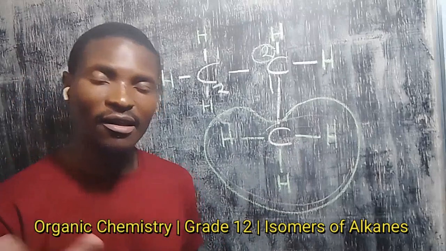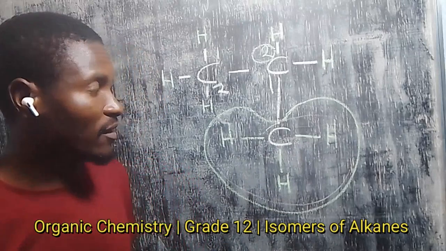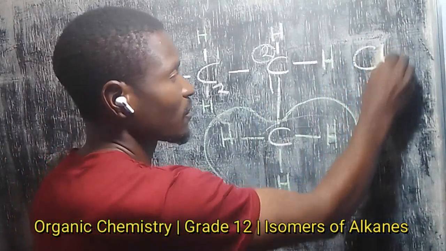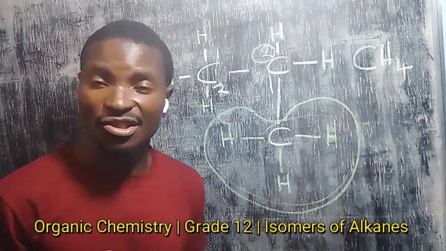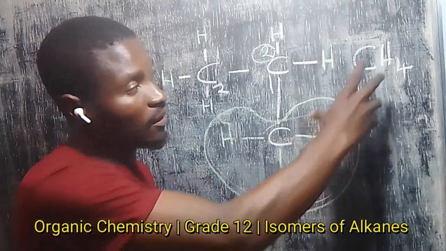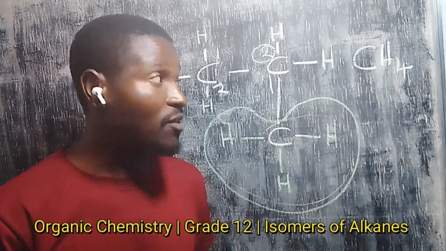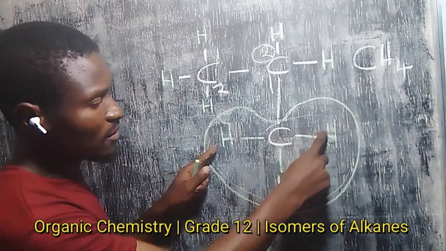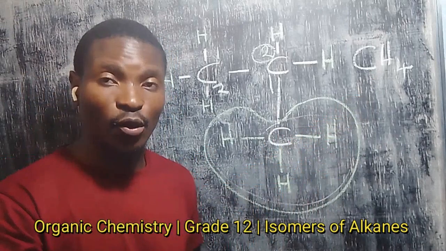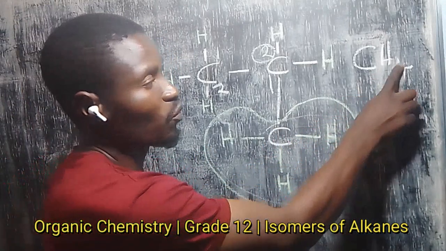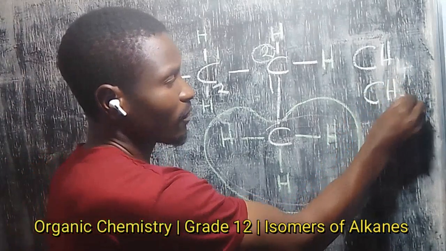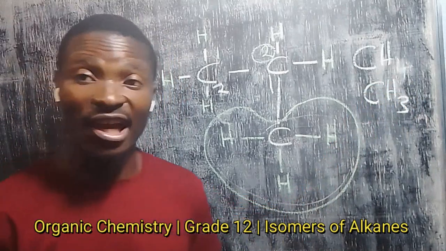Now, if you go back to the other videos that I did, you discover that there is a carbon which has 4 hydrogen atoms, an alkane which is methane. There is one missing component, you remove 1 hydrogen, so it becomes CH3.